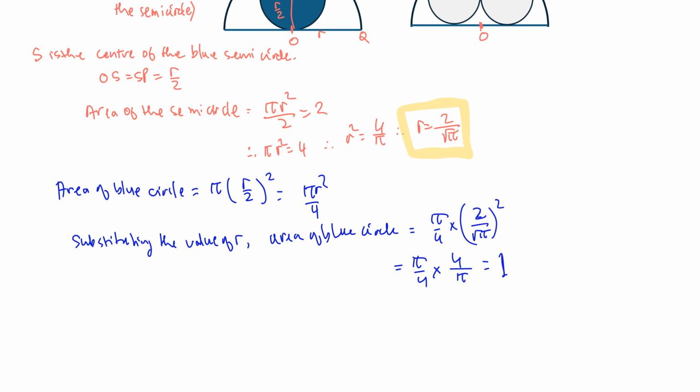So that is the other bit we need to know. So the area of the blue circle is equal to 1.